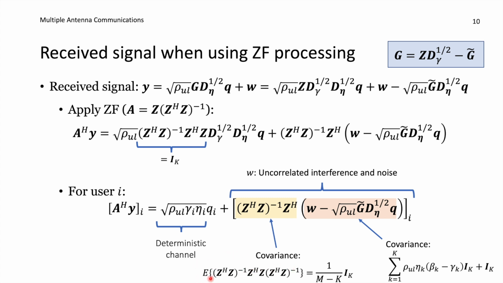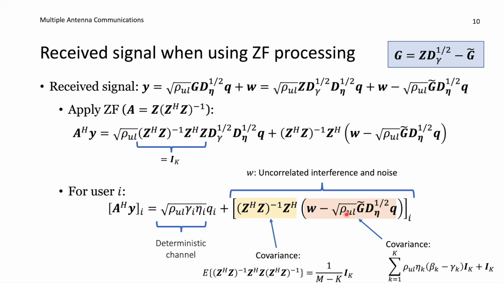We get only the expected value of a complex Wishart matrix, and remember it is equal to an identity matrix of size K multiplied with 1 divided by M minus K. And for this part here, this is the covariance matrix of the noise, which is an identity matrix of size K, and the covariance matrix of this term will give us an identity matrix of size K, and then this term that you might recognize from the MMSE expression, because it is the estimation error variance for each of the users and the transmit powers of the corresponding users that we're adding up.